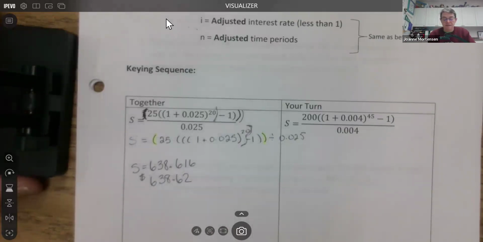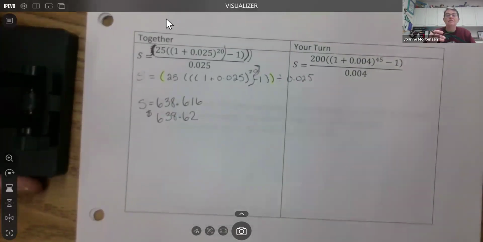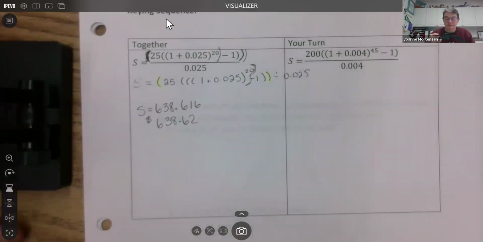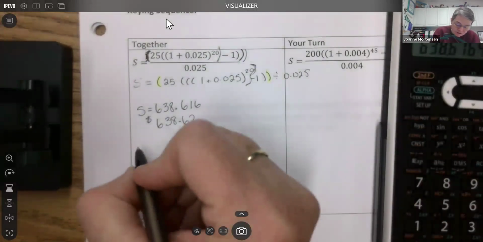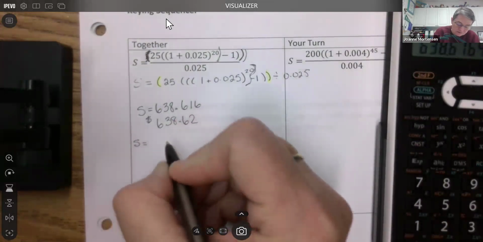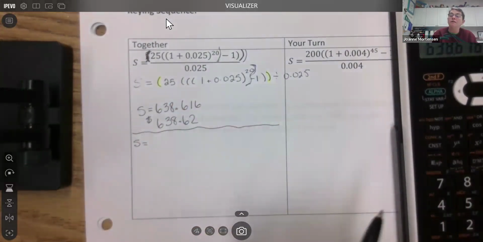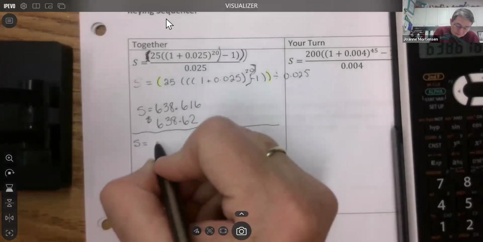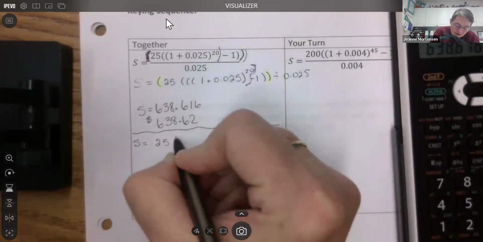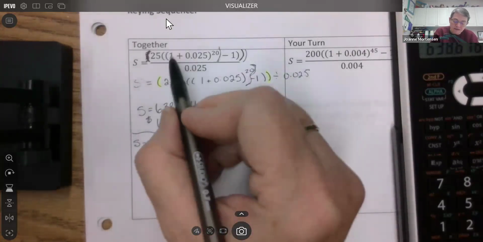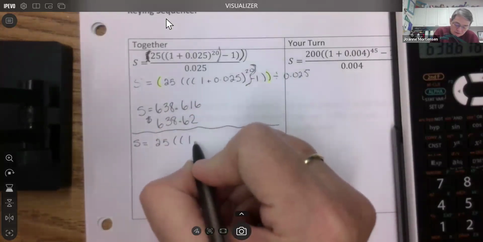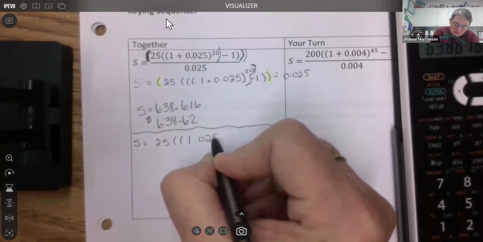All right, now I'm going to do it my way. Okay, so if I was doing this question, S is equal to, so newfangled way, old way, one step at a time. 25, bracket, bracket. I'm going to add these together: 1.025.